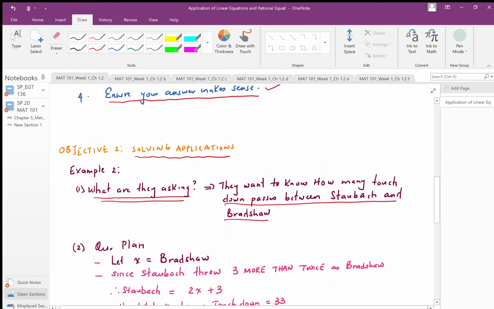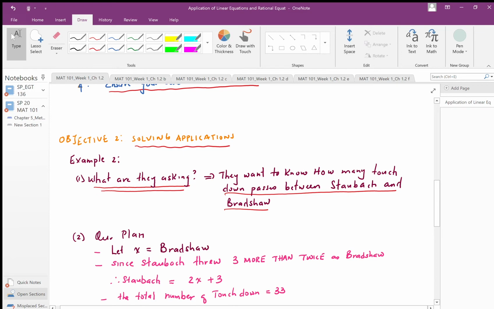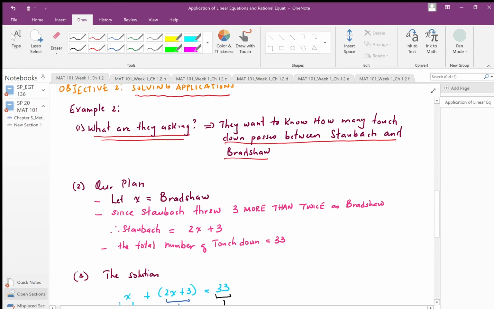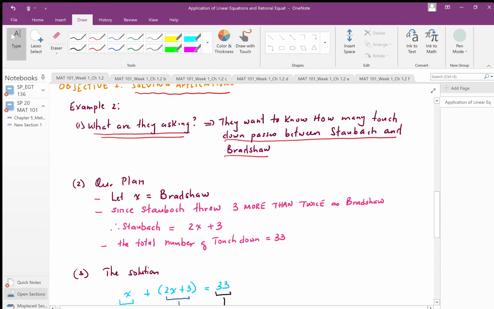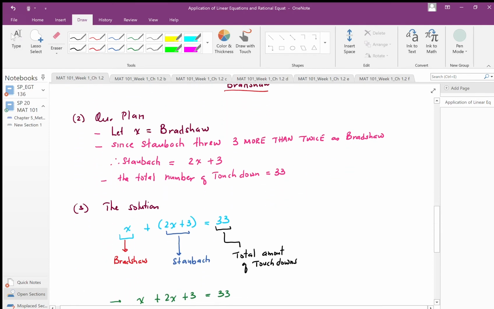This problem is in your textbook, so look at the question itself. When you look at example 2 under objective 2, they're really asking how many touchdown passes between Staubach and Bradshaw.